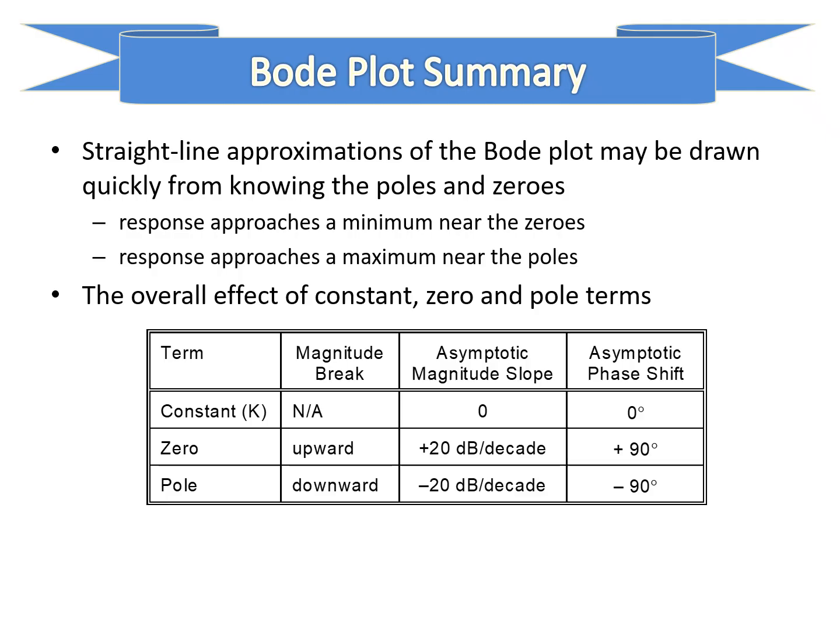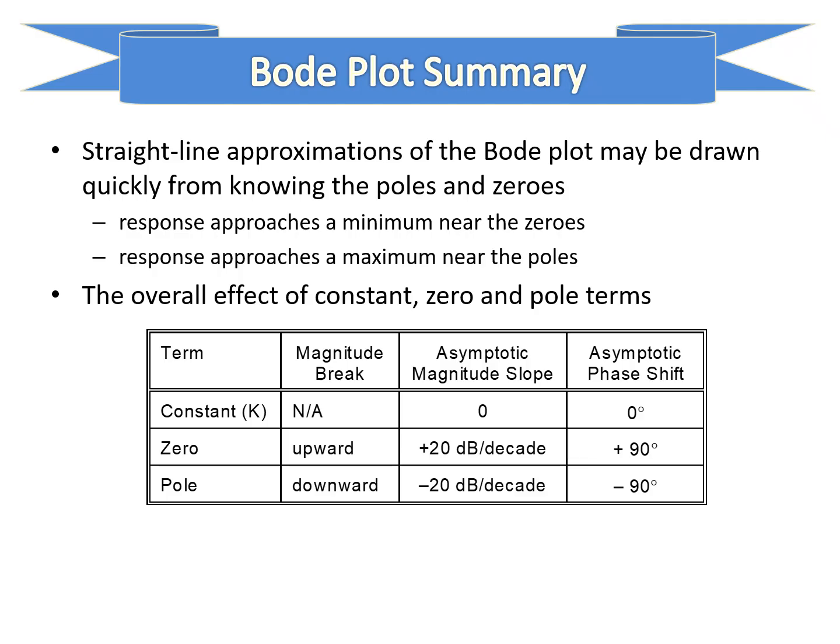Term: it is constant k. The magnitude break is none. Asymptotic magnitude slope is 0, and asymptotic phase shift is 0 degrees. And then for a zero, magnitude breaks upward, and asymptotic magnitude slope is plus 20 dB per decade, and the asymptotic phase shift is plus 90 degrees.